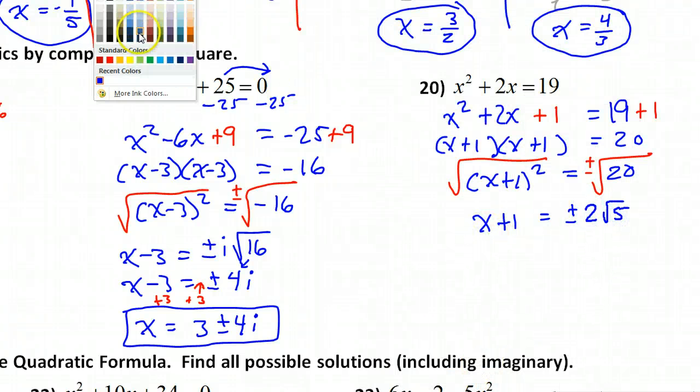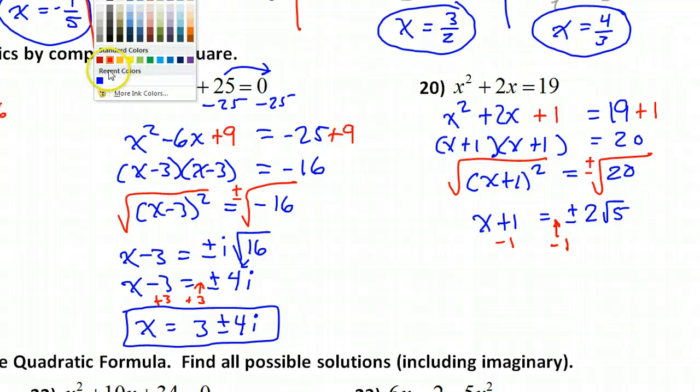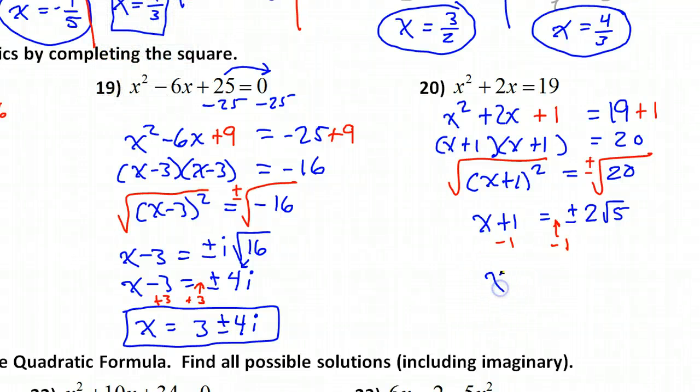So subtracting 1 from both sides, put it in the front, please. That's going to give me x equals negative 1 plus or minus 2 radical 5. And because of the radical, that's as far as we can go with that.